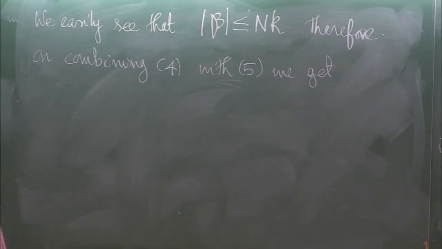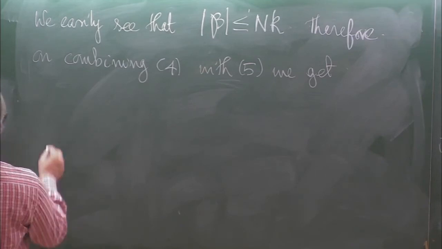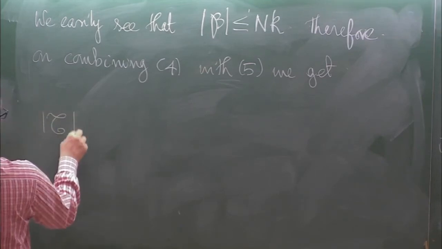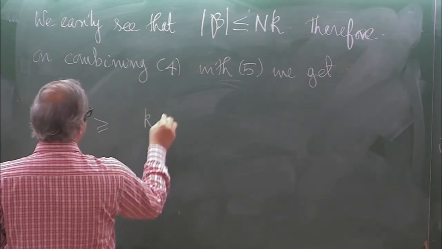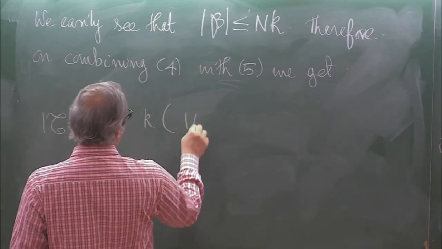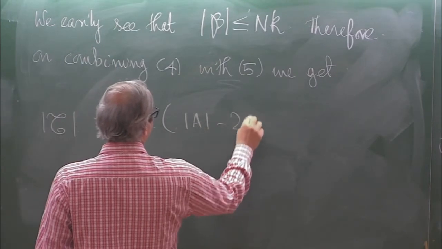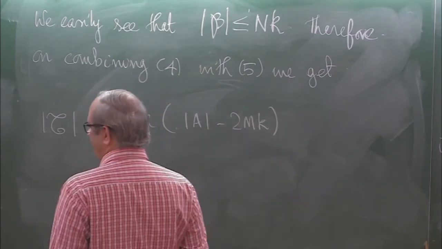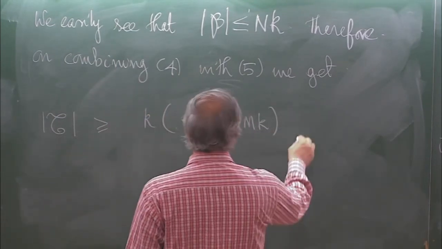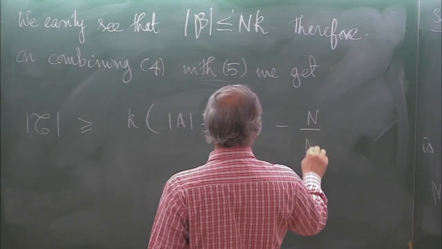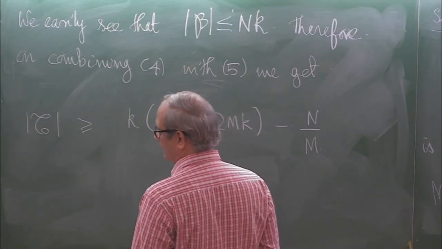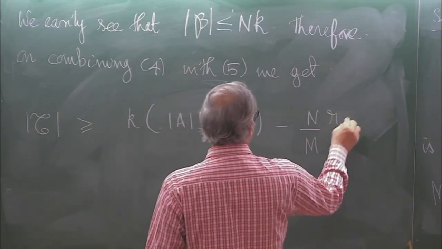So you will have from this that cardinality of C is greater than or equal to k times cardinality of A minus 2mk minus n divided by m minus n divided by m times Rm.